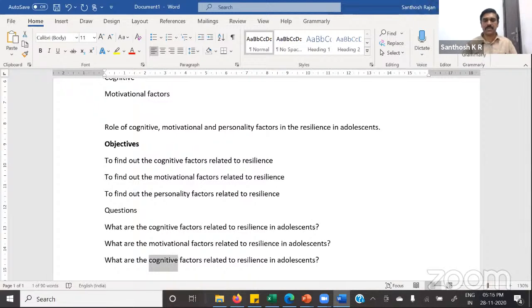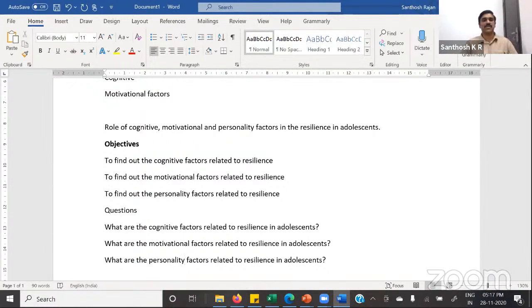Now we can think about narrowing this down. Cognitive factors, it is not easy for us to look into all of them, so we can find out 2 or 3 cognitive factors. Motivational factors are also not easy to look at all, and personality factors also.